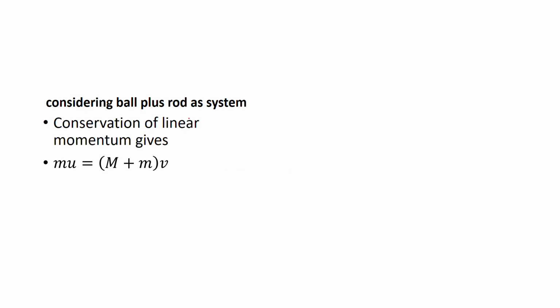Now let us analyze one by one. First we consider ball plus rod as a system, and when we apply conservation of linear momentum, we have mu equals m plus M into v. Here v, again I am repeating, is the velocity of the center of mass of the system. System means rod plus ball as a system.